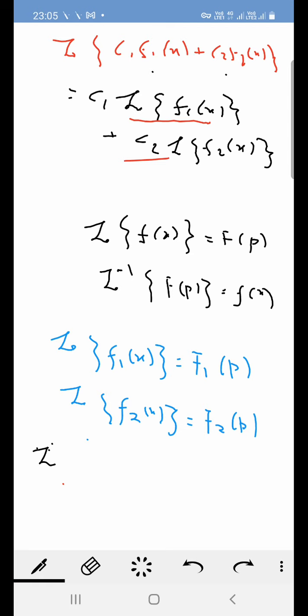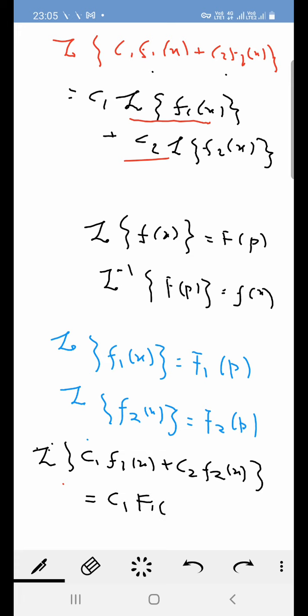again the linear property: the Laplace transform of c1 f1(x) plus c2 f2(x) is equal to c1 f1(p) plus c2 f2(p).